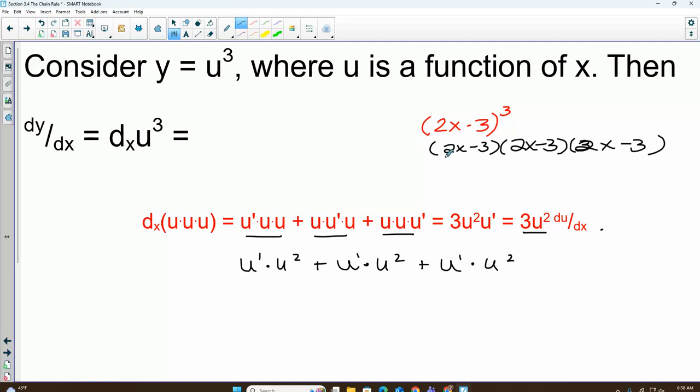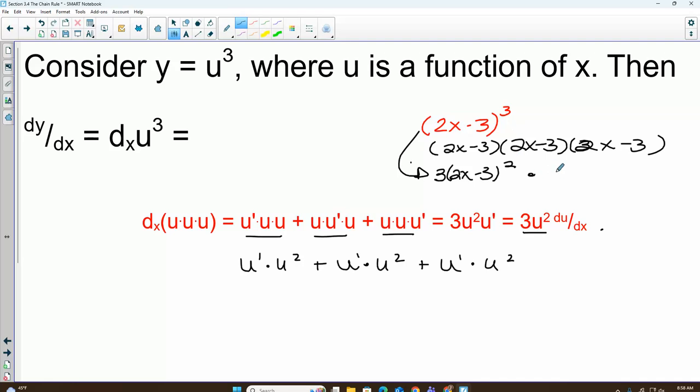In other words, what it's telling me is this derivative, if I did it, would turn into, the 3 would come down, my function, so 2x minus 3, squared, so that's really just our power rule, times the derivative of the inside.